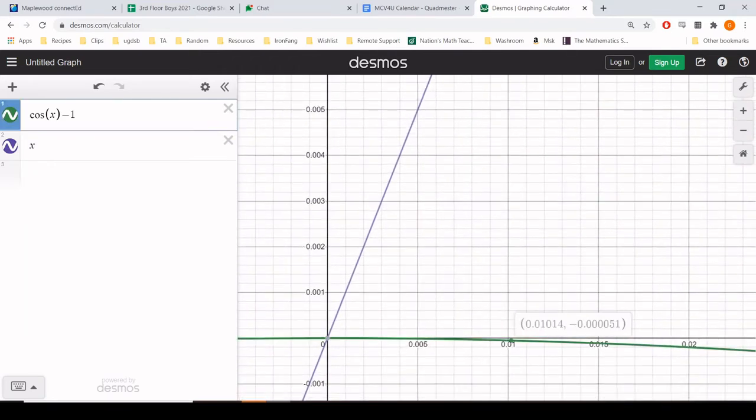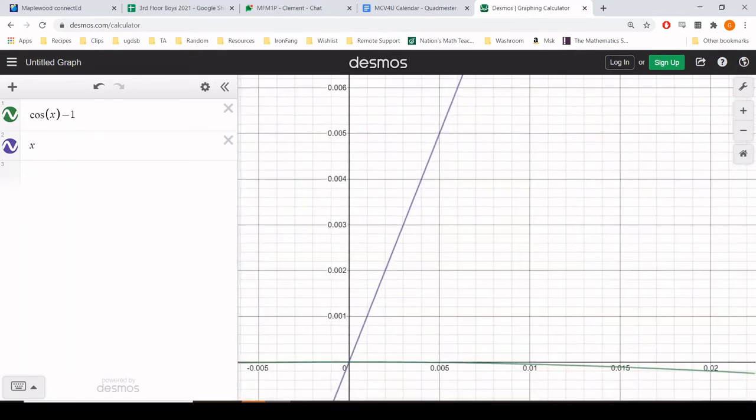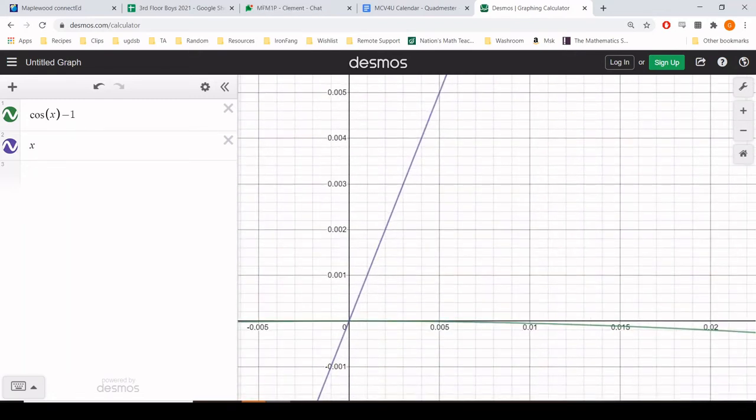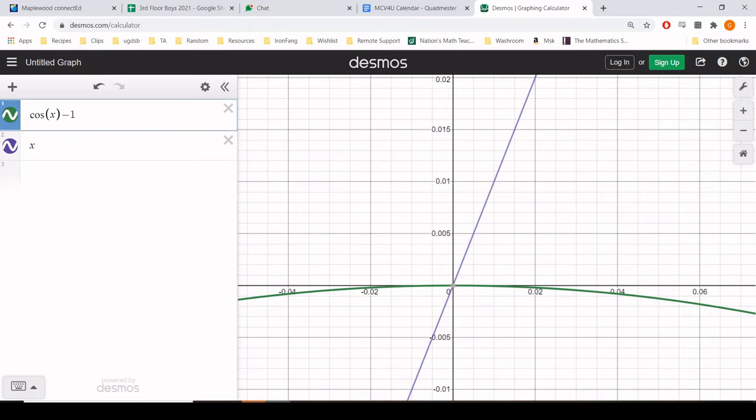The green graph's at 0.00005 when this one's at 0.001. So it's way smaller than the purple graph is what I want to see. They're both small, but the green graph is way smaller than the purple graph. So I have something that's basically 0 divided by, relatively speaking, something that's basically not 0. So when you take 0 and divide by not 0, you should get the answer of 0.